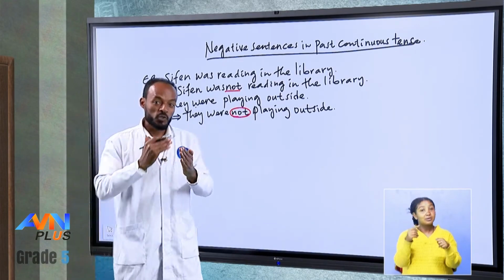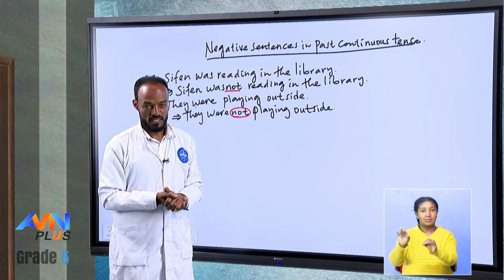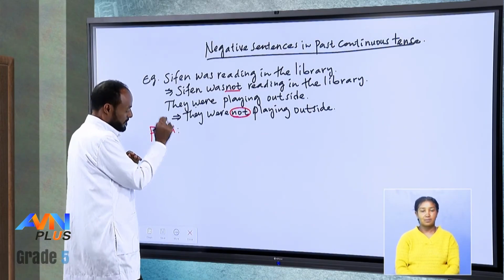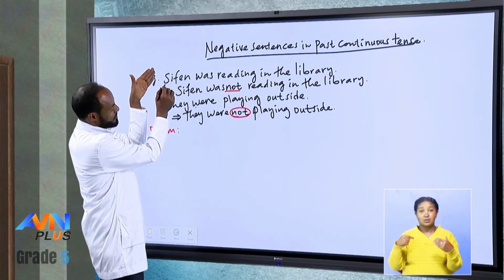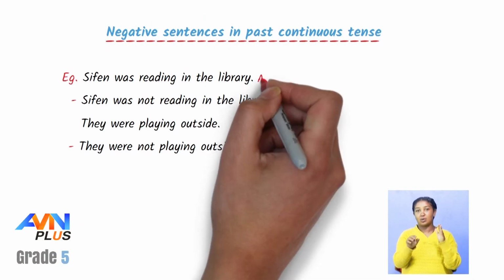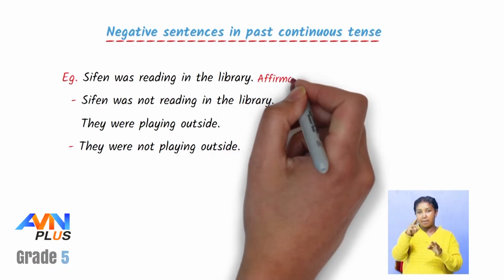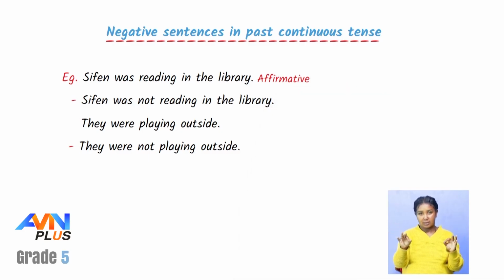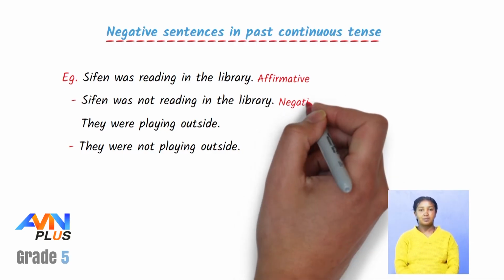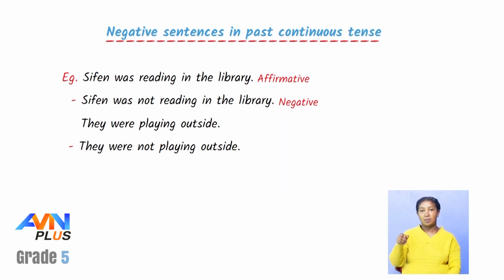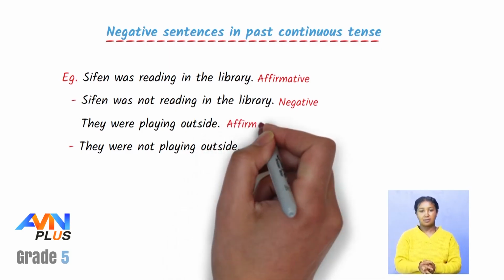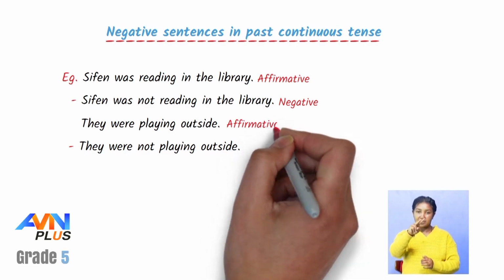Now it is time to derive the form from the given sentences. The form. So, here is the subject. Stephen is the subject here. This one is an affirmative or positive sentence. This one is a negative sentence. What about this? This is also an affirmative sentence. Affirmative means positive, where this one is the negative one.